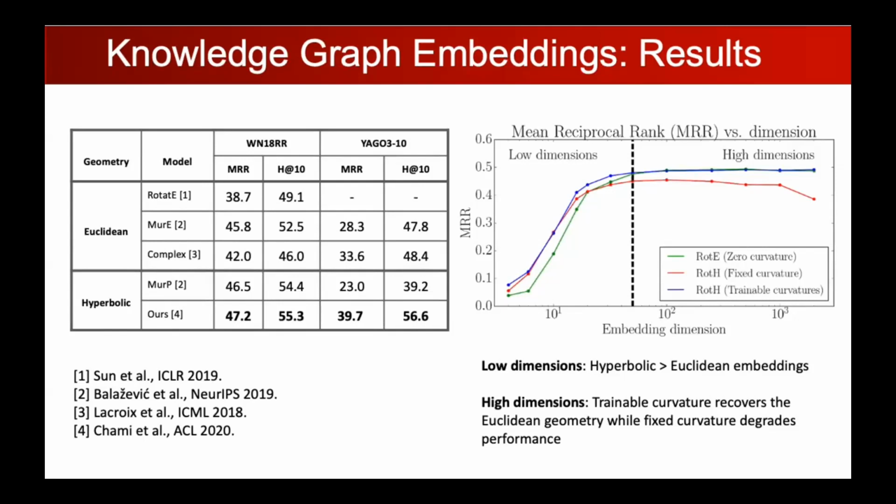The reason for this is that when we have enough dimensions, the Euclidean embeddings are expressive enough to capture different patterns in the knowledge graph, whereas fixing the hyperbolic curvature is going to lead to precision issues. And so this actually degrades performance in high dimension. So the takeaway here is that using trainable curvature gives more flexibility for the model to adapt to the given dimension.